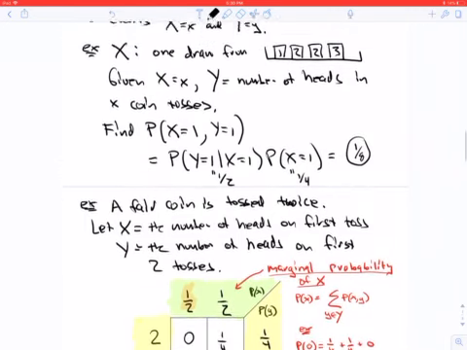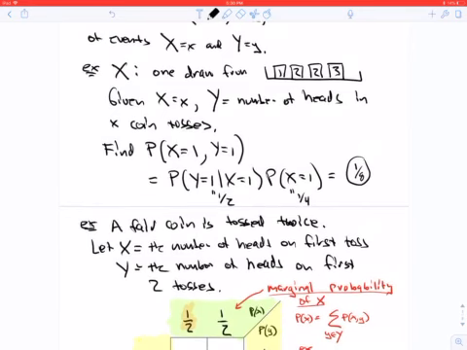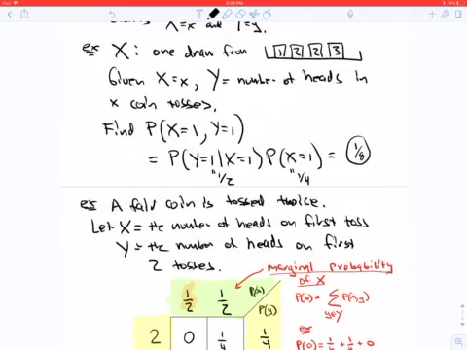So the probability that X is 1, Y is 1, because the way this problem is laid out, we have a sequence of steps here. You pick from the box, and the number that you get is the number of times you flip a coin and determine the number of heads. So it's natural then to use the multiplication rule to find the probability of this intersection.